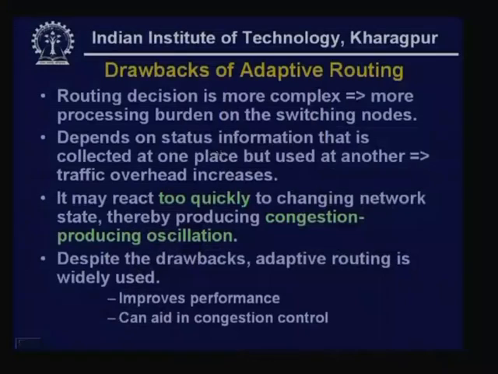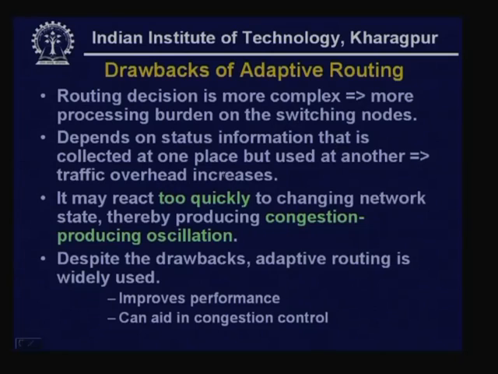So, it depends on status information that is collected at one place, but used at another. What is happening is that the information about the network status, queue length, delay or whatever it may be, is being gathered at different nodes in the network. However, the decision has to be taken not in the nodes, but in the stations or computers.